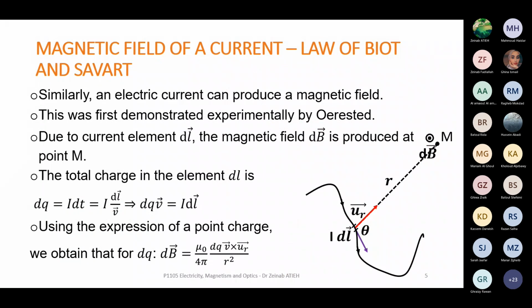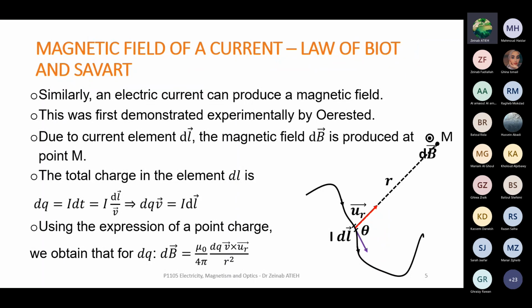Okay. So let's now learn the magnetic field created by a current, which is the law of Biot-Savart. It's the same law, the same equation as before, but we are going to generalize it from the motion of a single charge to the motion of a current. You all know that a current is a group of charges, so we can do that.